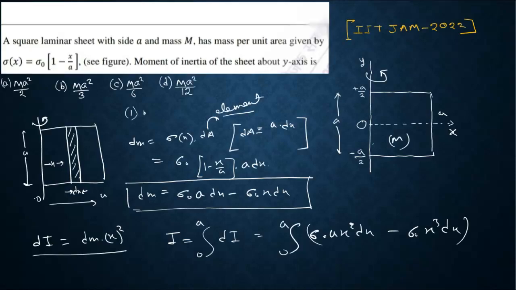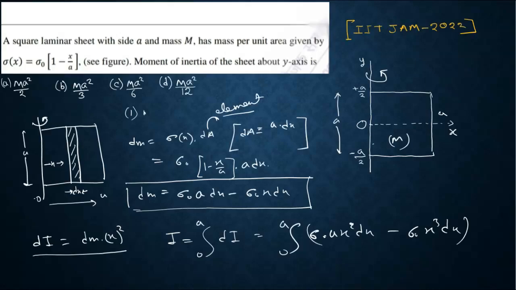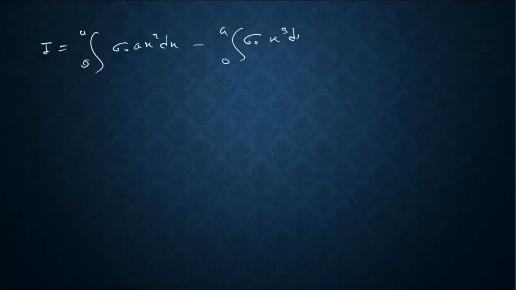So I equals, from 0 to a, sigma naught a x squared dx minus sigma naught x cube dx.